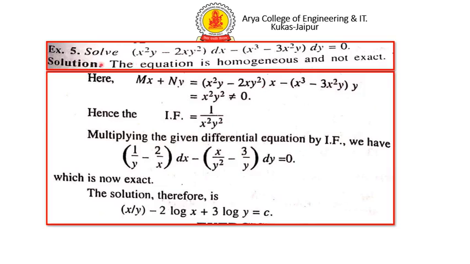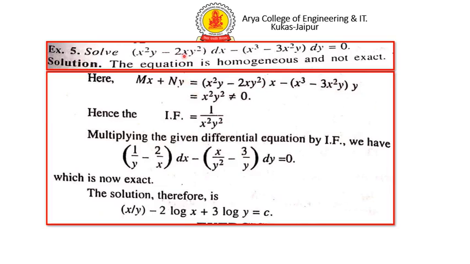Next question is again in the form of M dx plus N dy equals 0. First, we check the condition of exactness for this equation, that is del M upon del y equals del N upon del x, and we find that the equation is not exact, but the equation is homogeneous.